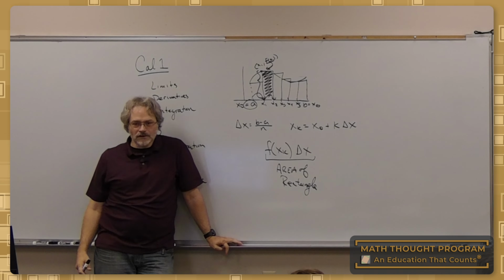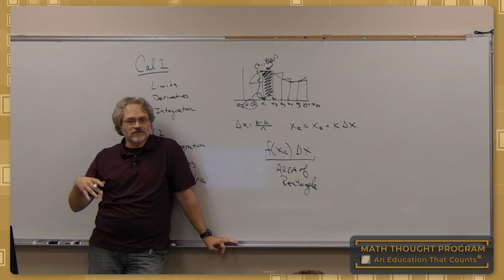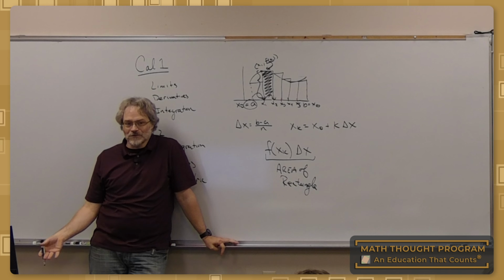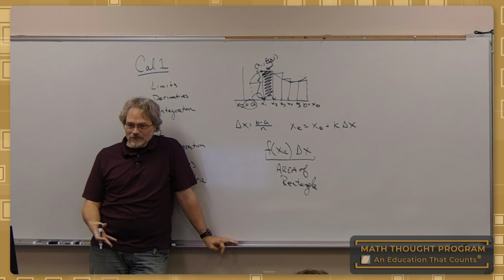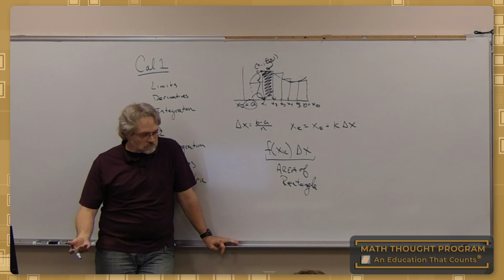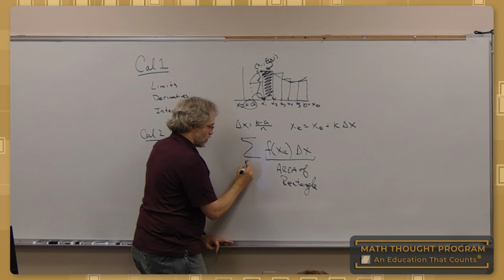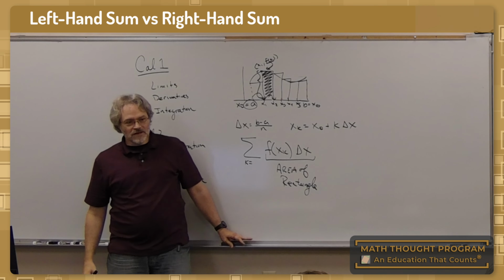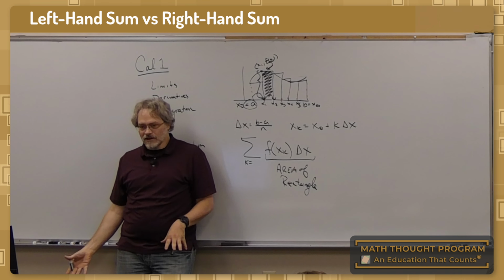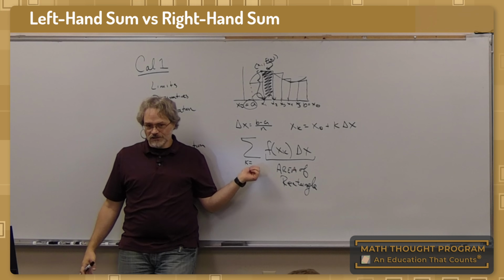And what we would like to do is take the area for the first one, and then for the second one, and for the third rectangle, and put them all together. The way we put them all together, you can talk about a summation. And based upon if it's left hand or right hand, this value down here is going to change a little bit.